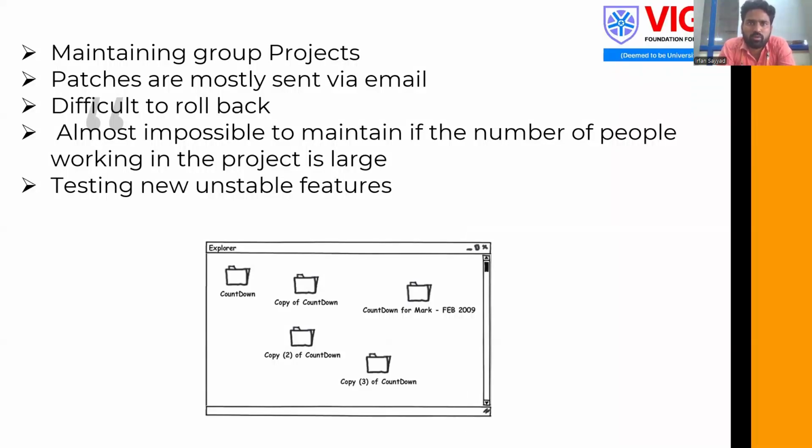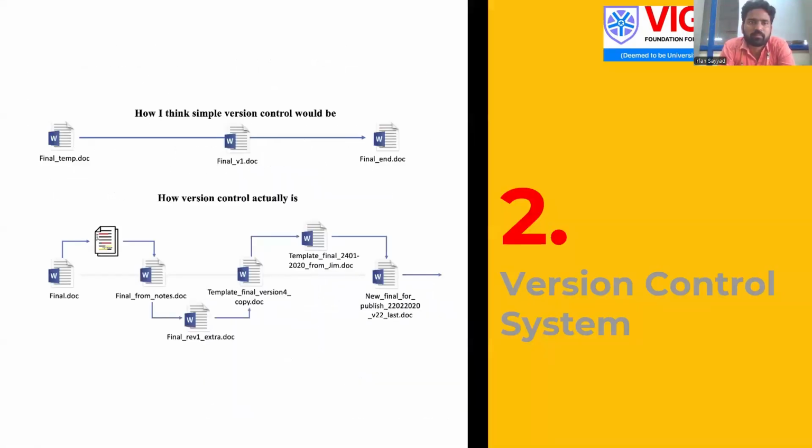So it is difficult to roll back to the manager. It is almost impossible to maintain if the number of people working on the same project is large. So we can't maintain those works at all. That's why we need to use the version control system.